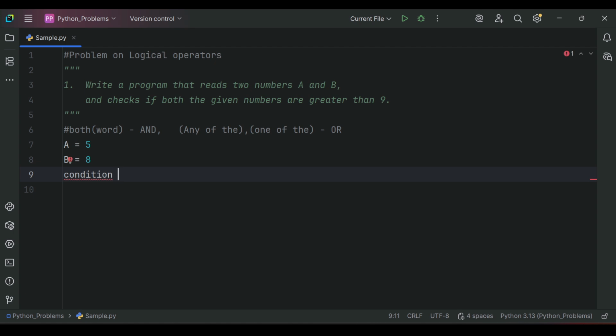The given numbers means first condition 1 is a is greater than 9, and condition 2 is b is greater than 9.